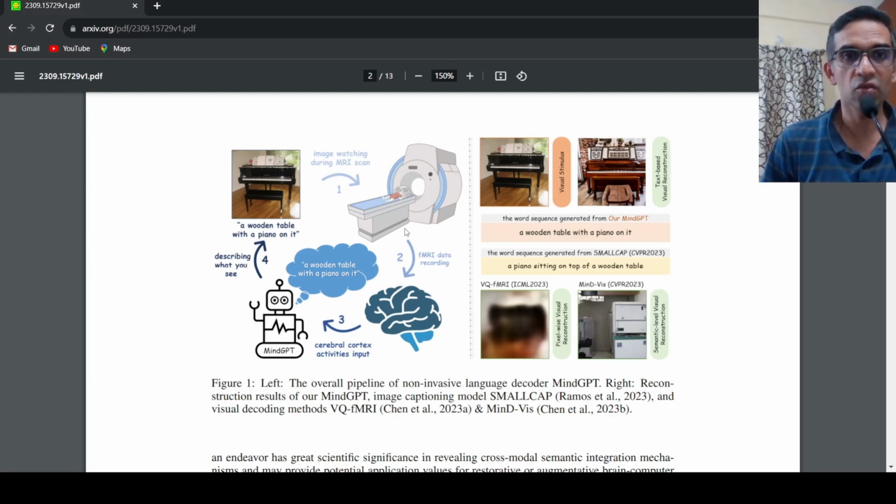I don't know, maybe this could help people who can't speak, right? So they have speaking disabilities, right? So they can look at an image, you have some technology which can capture your brain activity and then process it as text, right? And process the audio also, convert it into audio, right? It will help them communicate better. So I don't know how it's going to pan out in the future, but these are some interesting ideas.